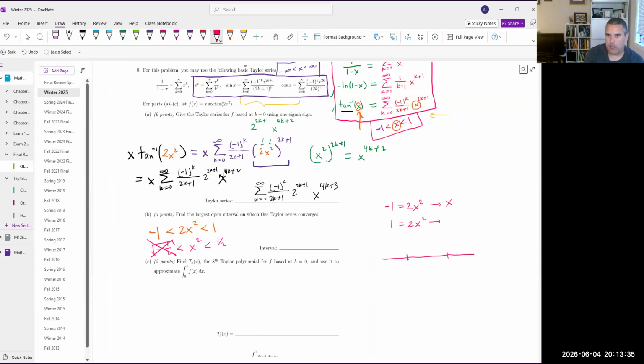So my comment here is it is true that there is no solution to this, but there are two solutions to this. And the two solutions are x equals plus or minus the square root. So what's confusing about this is the new inequality basically all comes from the fact that it's less than positive 1.